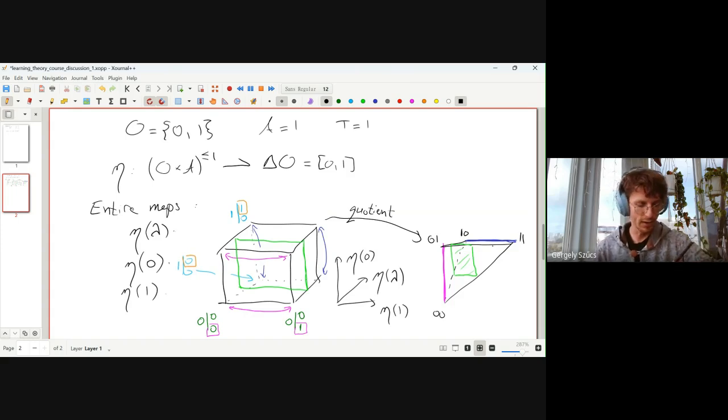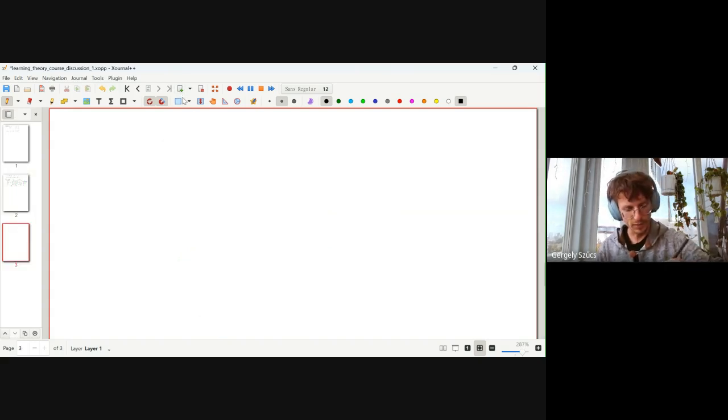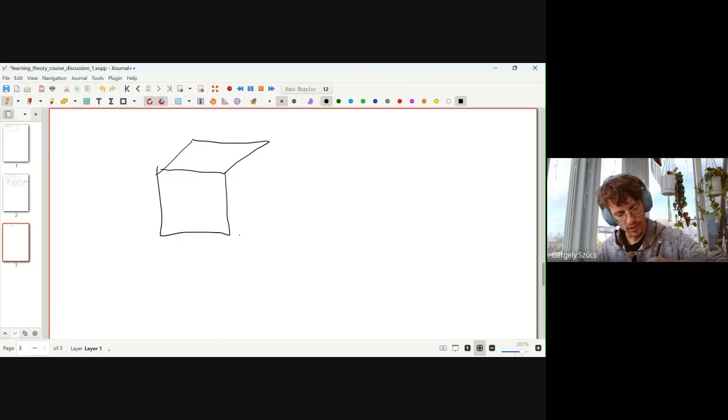That's actually a good point: so this quotient map from the cube to the tetrahedron that we get here, I guess the first and the second questions were maybe not entirely separate from each other.